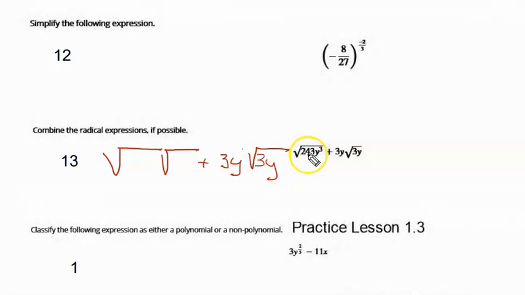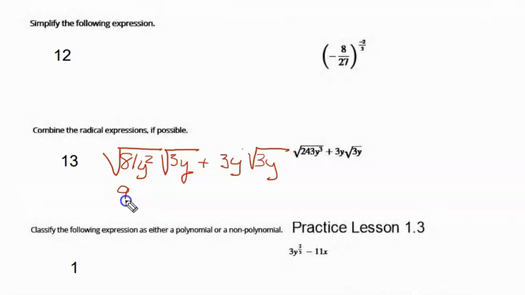Because if I divide this by 3, and let me just do it here, I get 81 y squared and 3y. Simplifying this by taking out the greatest perfect squares, factors. So these are now factors, 81 times 3.